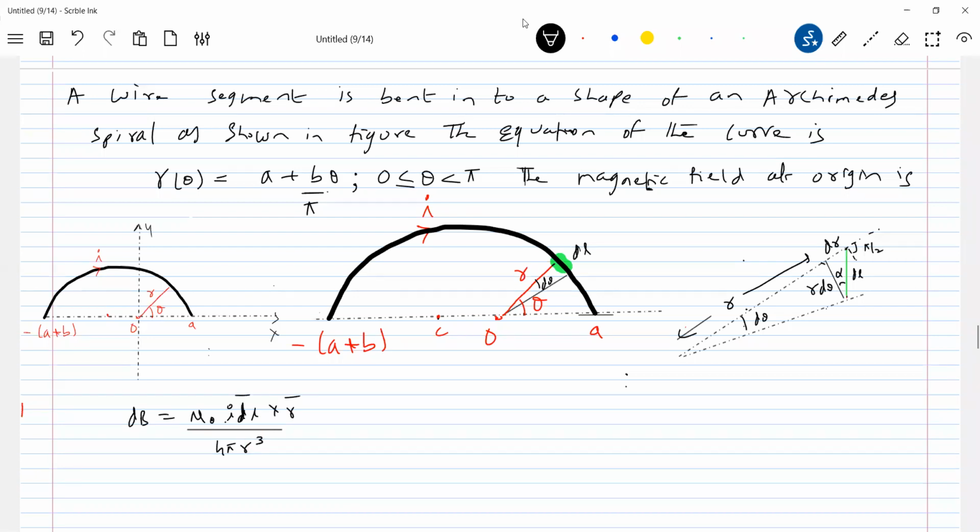Here r bar can be written as r into r cap, so r cap is r bar by r. Now what is the angle between dl bar and r bar? You can see it is sine of 90 plus alpha, that is alpha plus pi by 2. This will become mu naught I dl r.